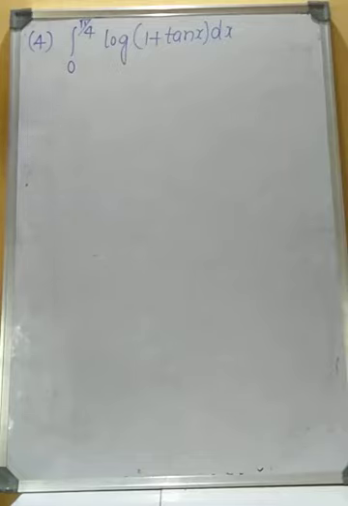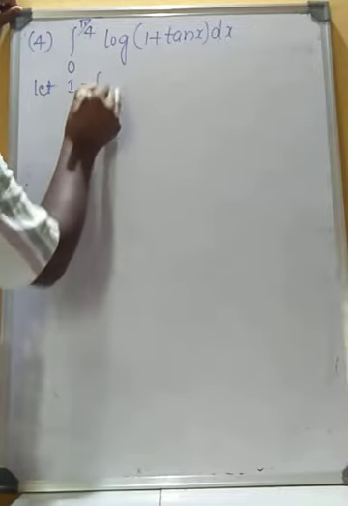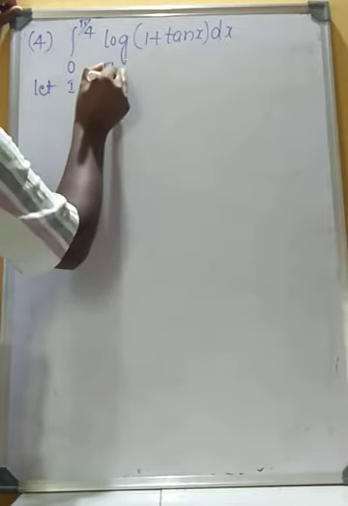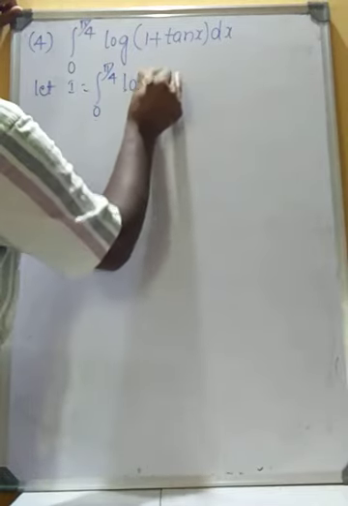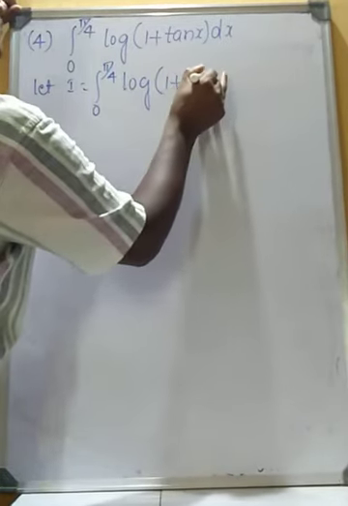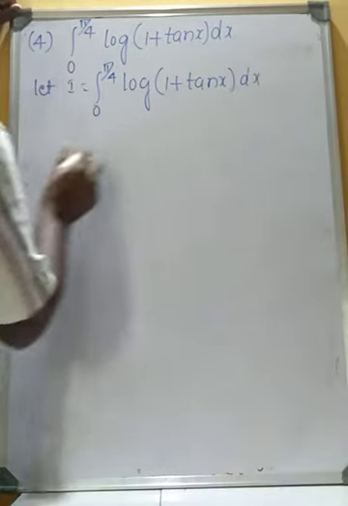Again by using property 5, let I equals integral 0 to pi by 4 of log of 1 plus tan x into dx.